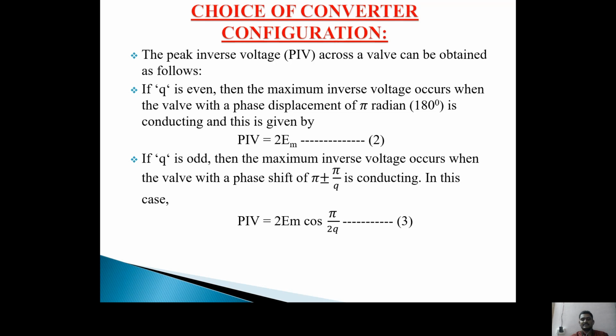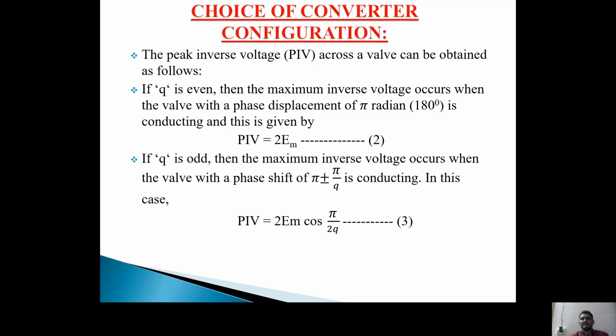The peak inverse voltage is the maximum reverse voltage a thyristor can withstand. So if the valve number is even, the PIV is 2Em, and if the valve number is odd, the PIV is 2Em cos(π/2Q).